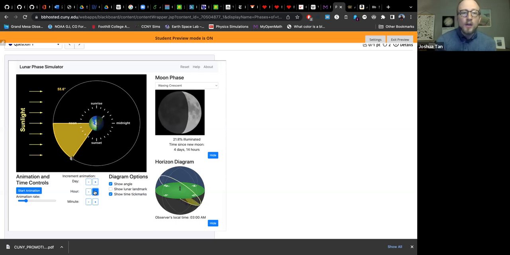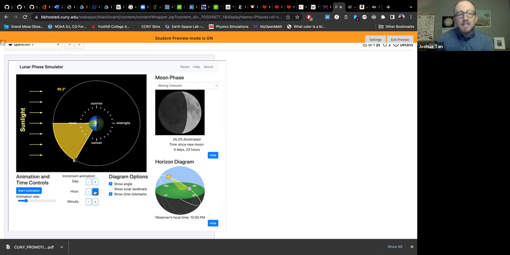And I can do another 12 increments. Here comes sunrise at 6 a.m. And as I keep moving back over here, I'm now back at 12 noon, 1 day later. The moon is slightly more illuminated than it was before because an extra day has passed.